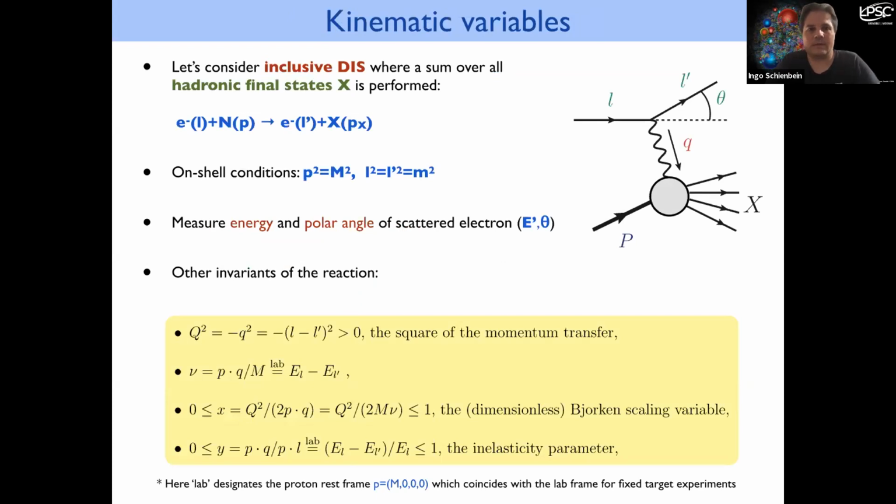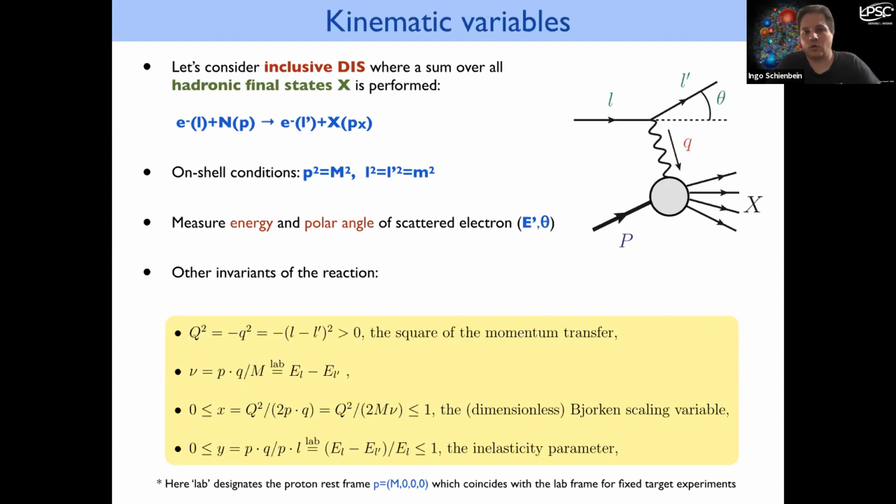So what are the kinematic variables to study deep inelastic scattering? I'm talking about inclusive deep inelastic scattering, where a complete sum over the entire hadronic final state X is performed. So the process is an electron plus nucleon going to an electron plus a hadronic final state X, with the momenta given there in the equation.